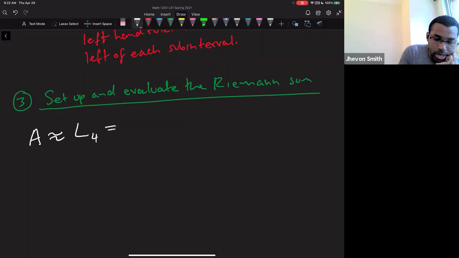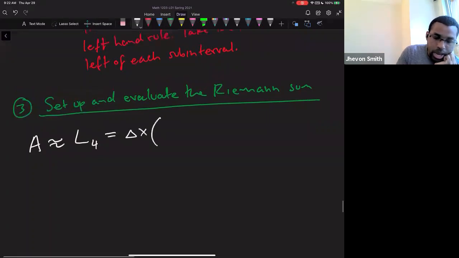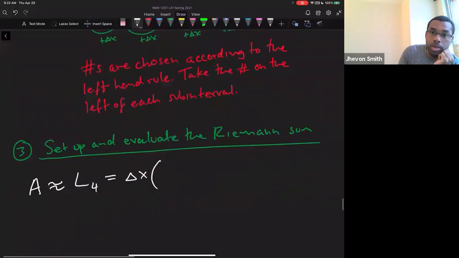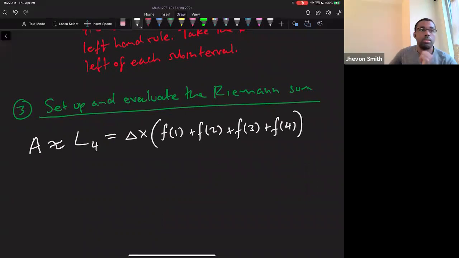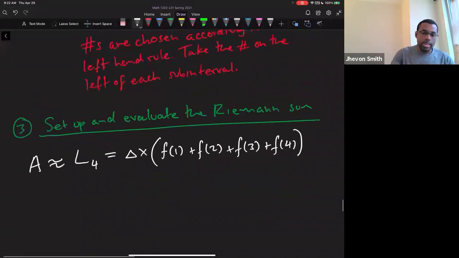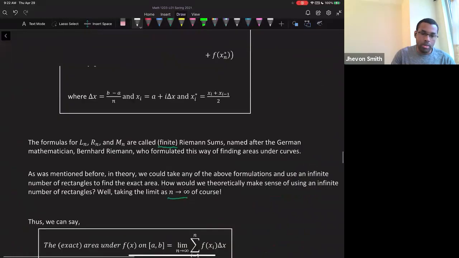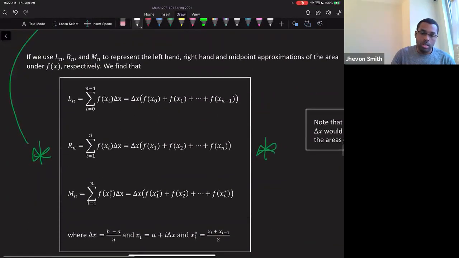And that is going to be, well, we know what that's going to look like. It's delta x times f evaluated at all these numbers. So it's going to be f of 1 plus f of 2 plus f of 3 plus f of 4. Okay, and that's following the formulas I had above here, right?